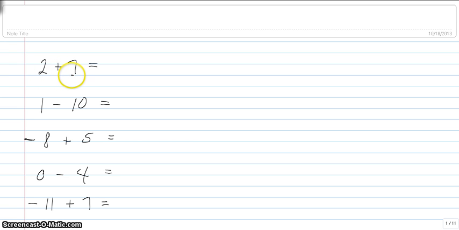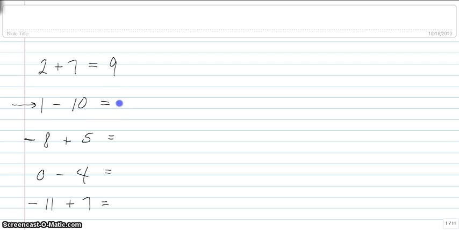2 plus 7, 9. I think we're all probably okay with that one. Now when we start getting to things like this second arithmetic problem, we take 1 and we subtract a number that is larger than 1. So what that does is put us over on the negative side.